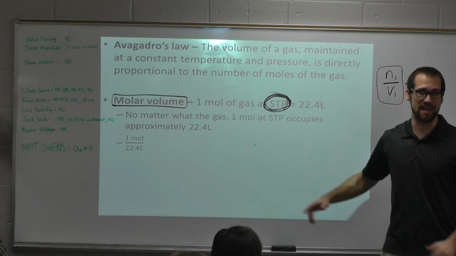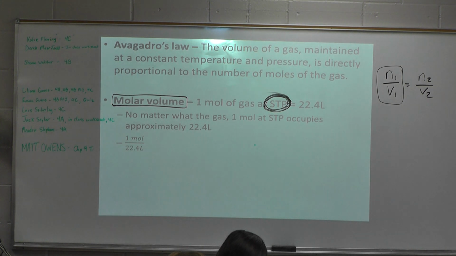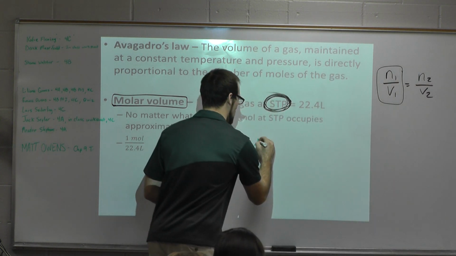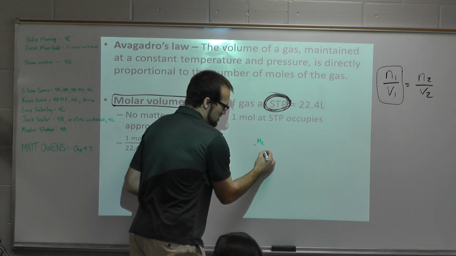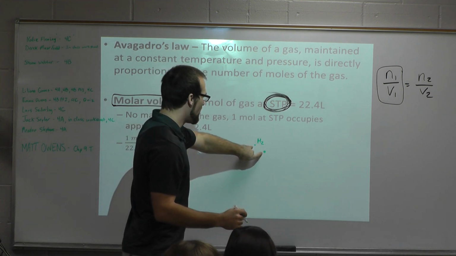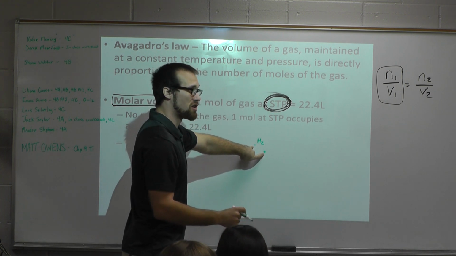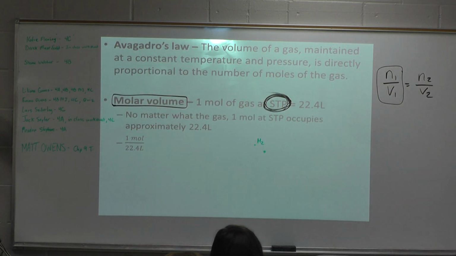Is that gonna really affect the whole volume that it occupies? It's not. So whether I've got hydrogen gas, which occupies very little volume, or maybe chlorine gas, which occupies a little bit more volume, do you see how, yes, they have different volumes of particles, but compared to the whole open space that it has, it's nothing. That's nothing. Does that make sense?